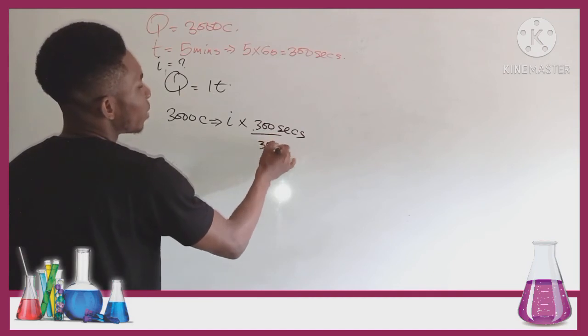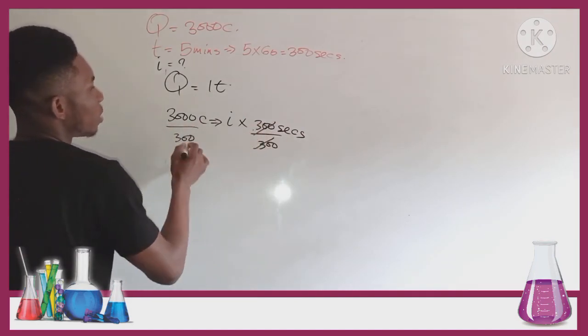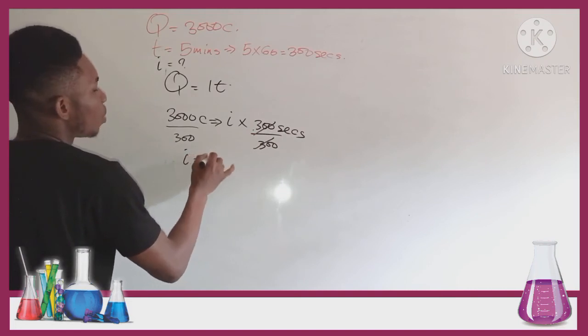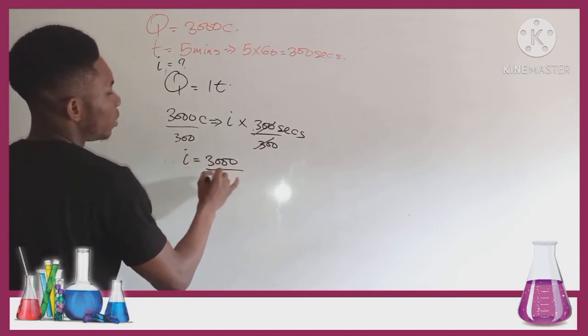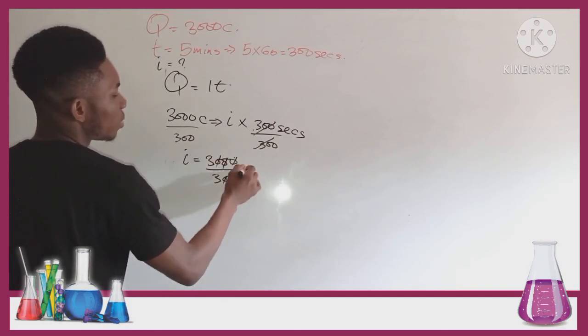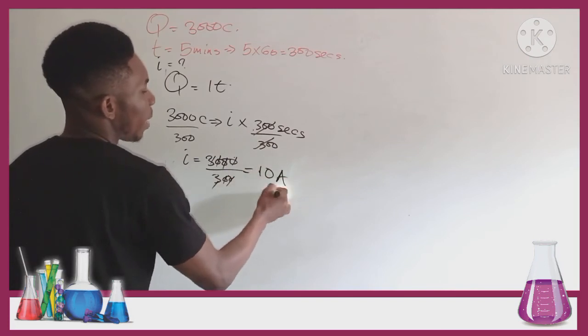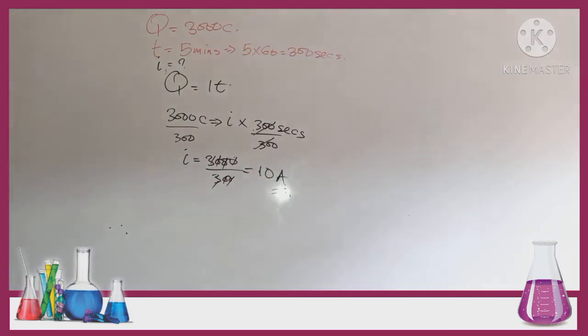Divide both sides by 300. This cancels this, and your I will be equals to 3000 divided by 300, which gives us 10 ampere. So the final answer to this question is 10 ampere, and that is the option.